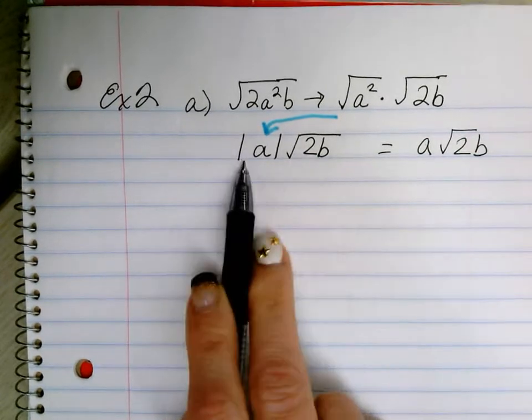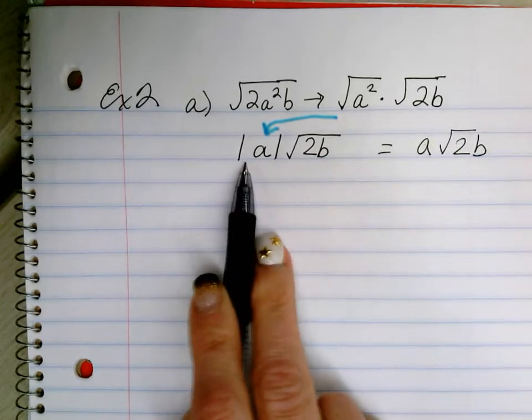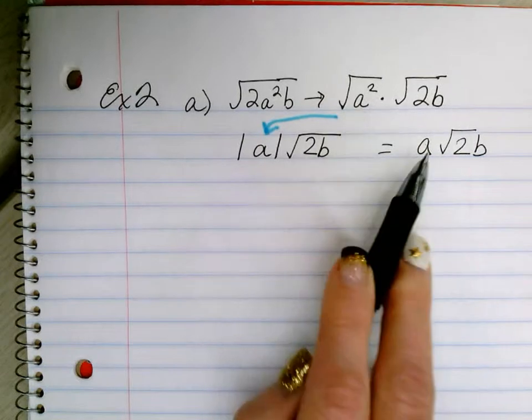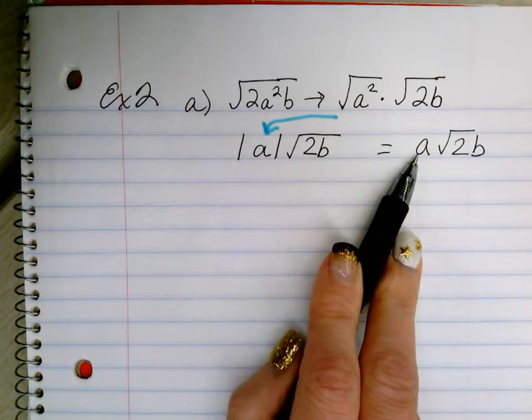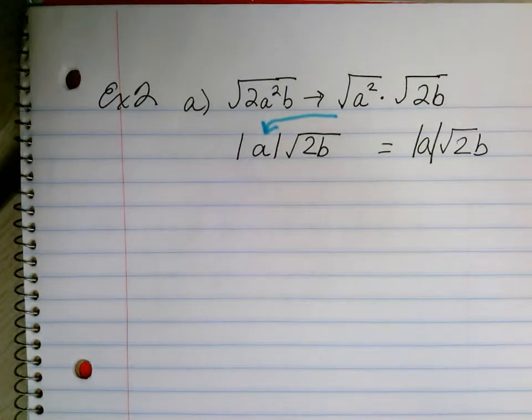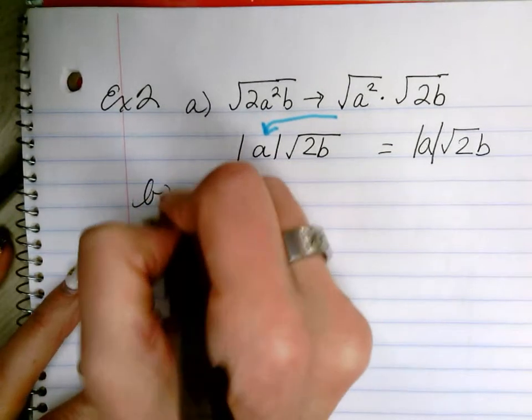Don't think you're wrong. This is the correctest version, because again, the result of something squared is a positive. This could be a negative number. We don't know. It just says A. You always want to have that radical to be very, very clear about what you're working with. Okay, letter B, the square root of 36w cubed.